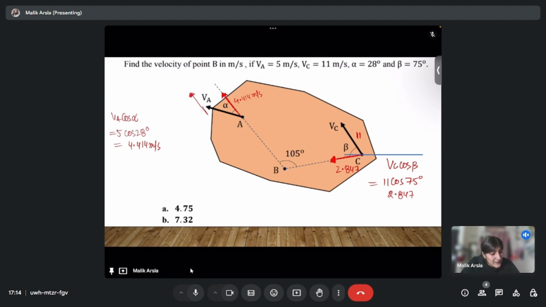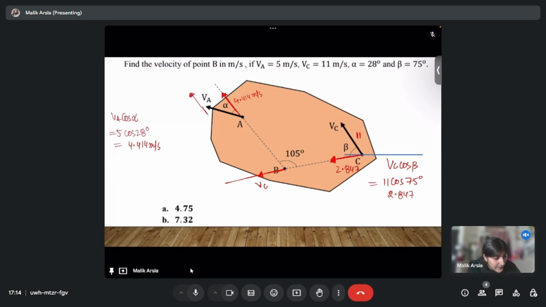Now we know that if we extend this here, so if we keep this component of velocity of c, let me call it vc.